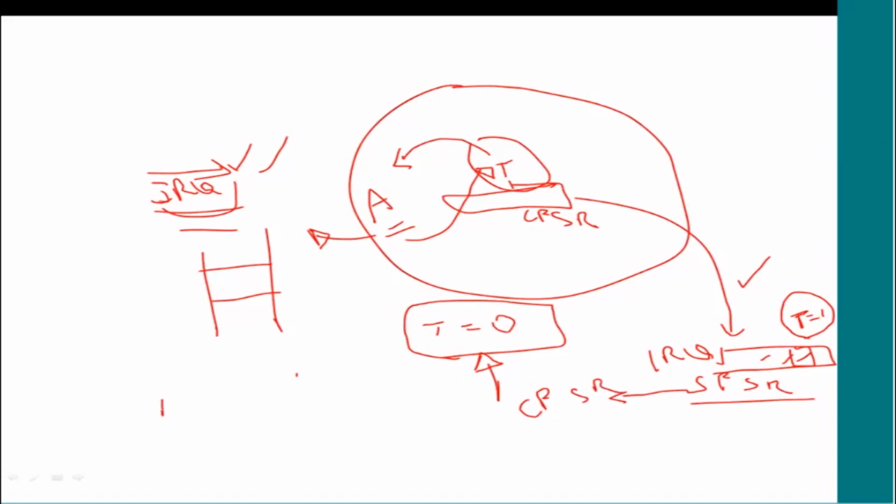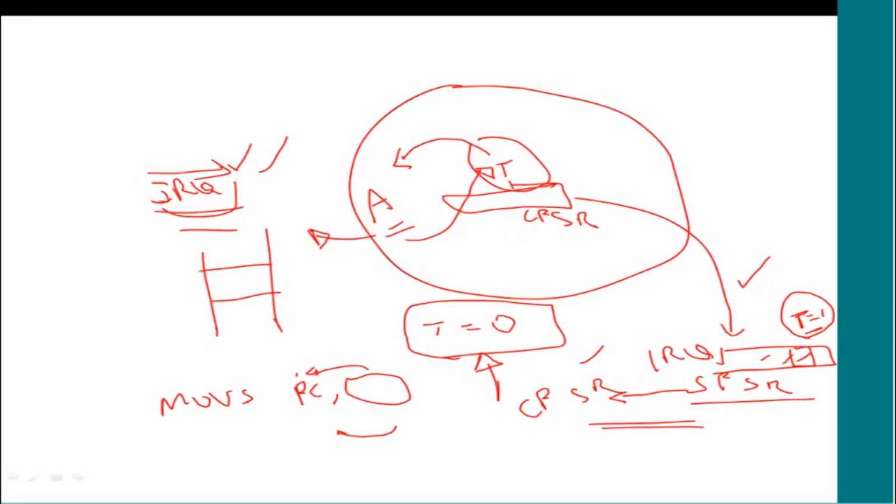If you remember, there was an instruction I told you about, MOVS with PC as a destination, where the return address is copied there, and then automatically SPSR is moved into CPSR. As soon as the SPSR content, which had a T bit as 1, moves into CPSR, the processor enters the thumb state.